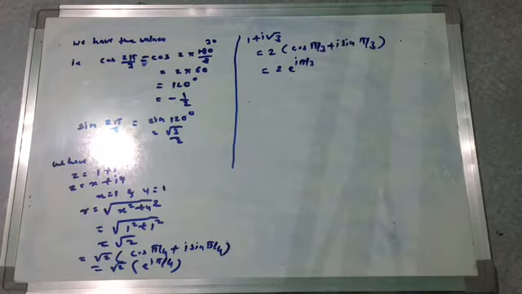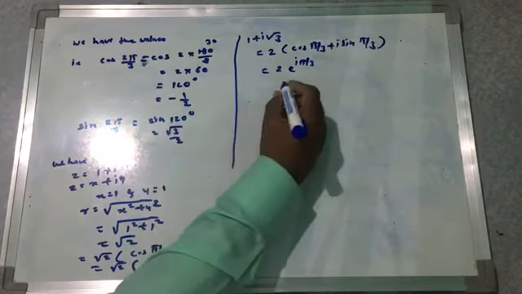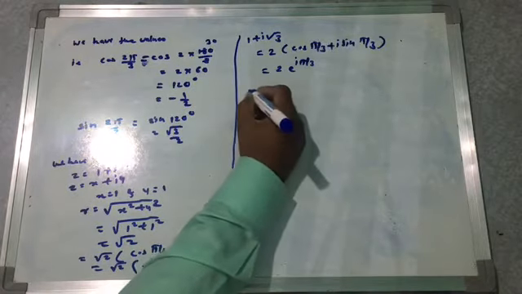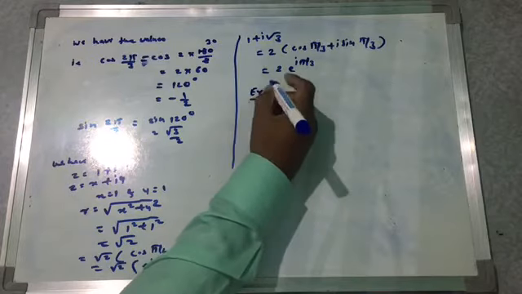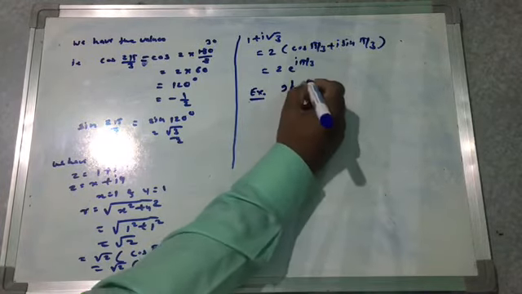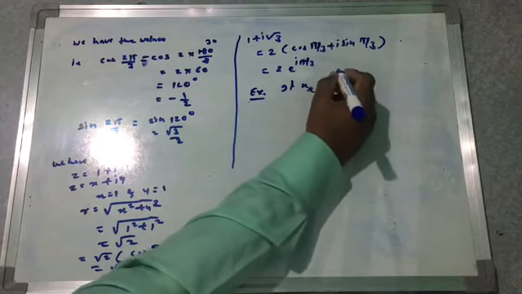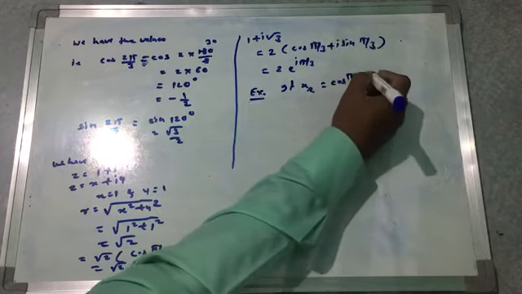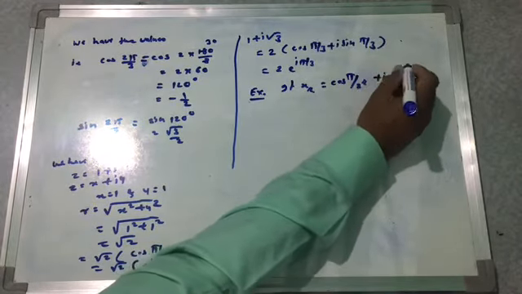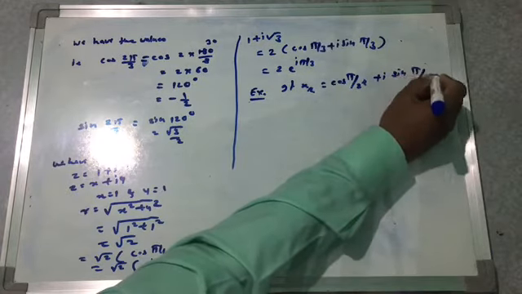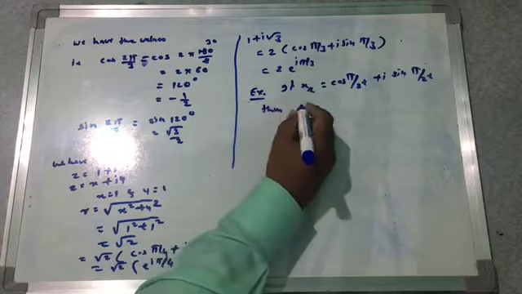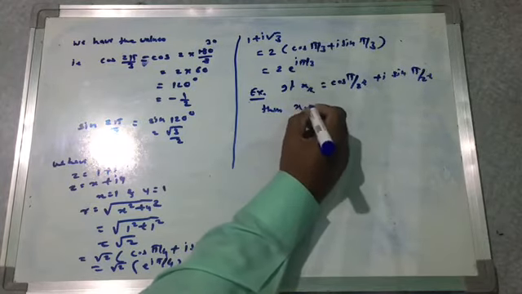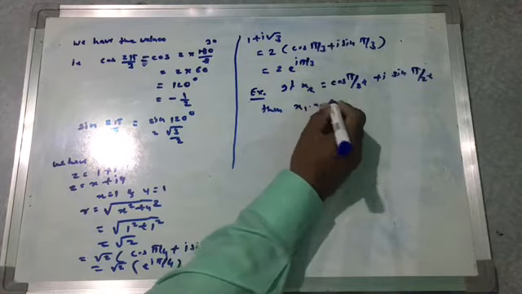So again, we have here an example. If x suffix r is equal to cos pi upon 2 raised to r plus i sin pi upon 2 raised to r, then we have the values x1, x2, x3.